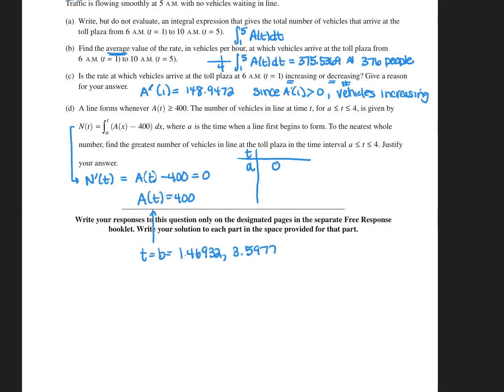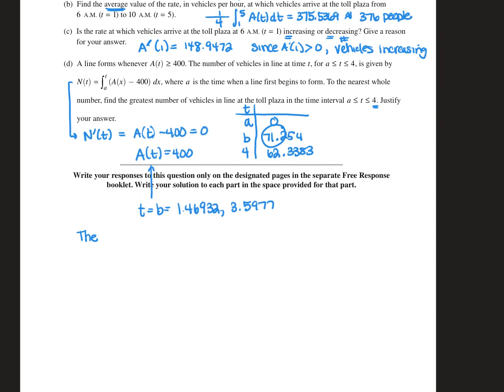So this one is going to be your A, then your B. When we plug that in, it's going to be 71.254. And then at the other endpoint, time equals 4, you're going to have 62.3383. So the greatest number of vehicles in line at any given time is approximately 71.